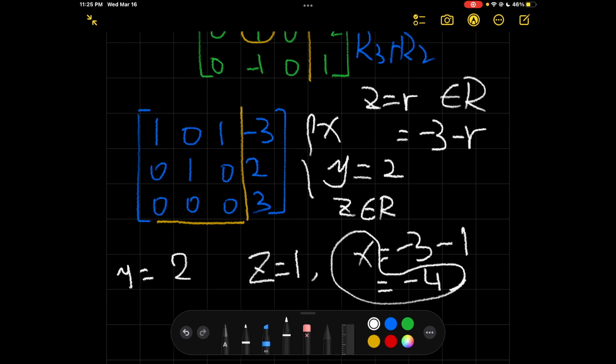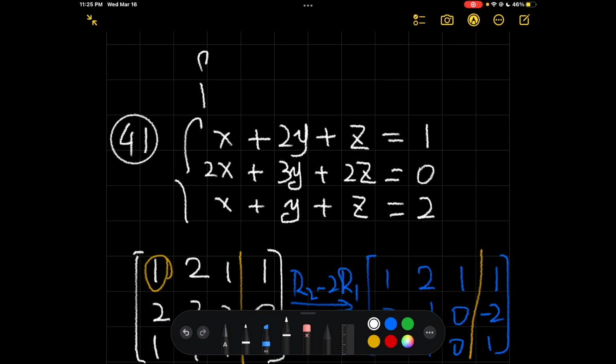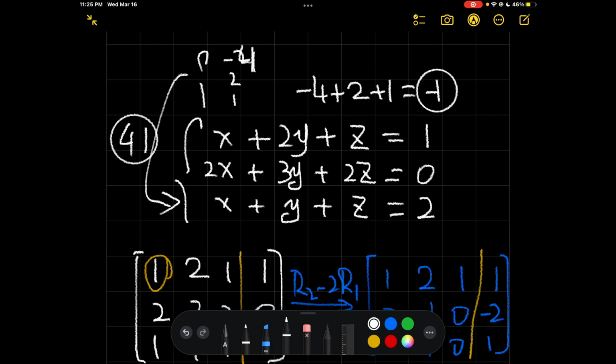So -4, 2, 1. Let's plug into row 3: -4 plus 2 plus 1, which is -2 plus 1 is -1.